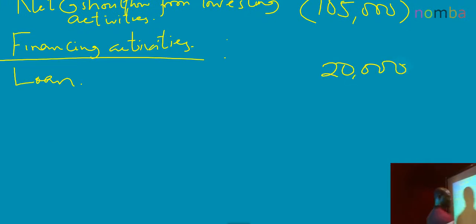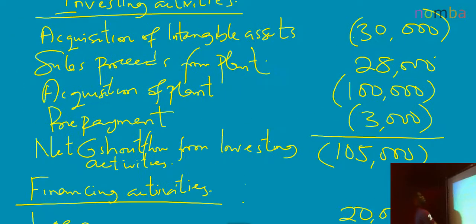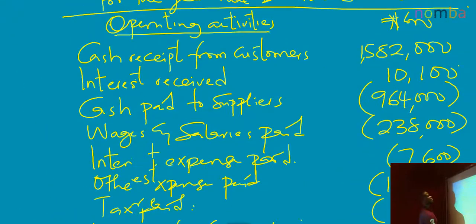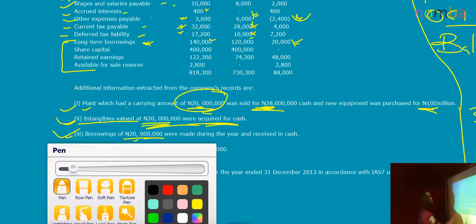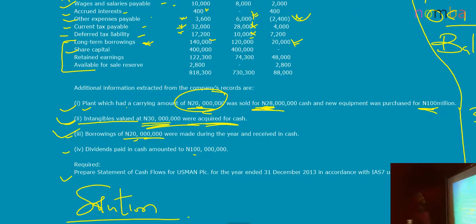Money is coming in. After that, we'll have share capital, and you will see that there is no movement within the share capital. No movement at all. So no cash element.